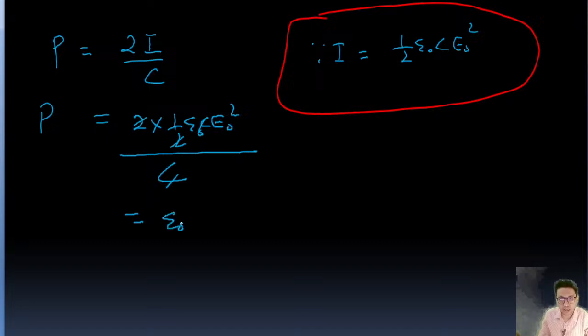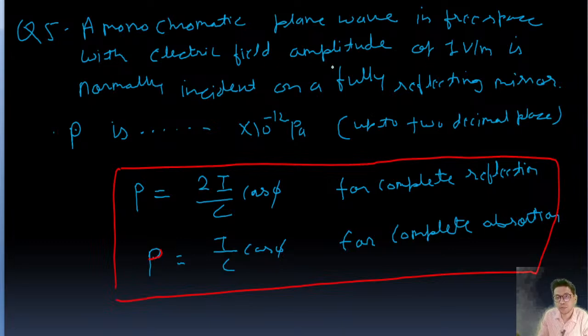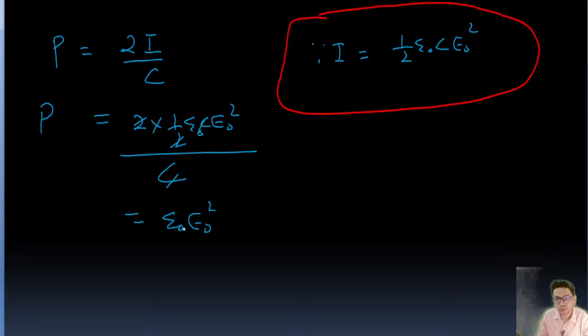This is going to be epsilon 0 E naught square. E naught, the amplitude of electric field, is given as 1. Epsilon 0 value is 8.85 into 10 to the power minus 12, and this is into 1 square, right?